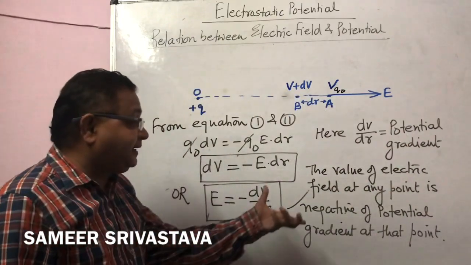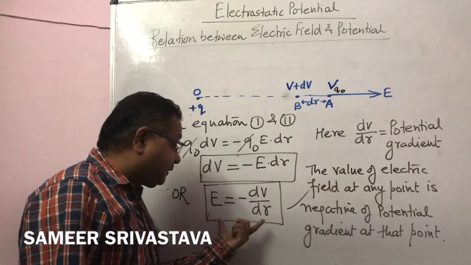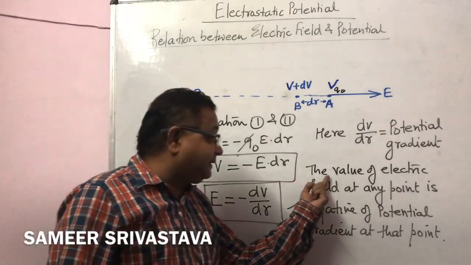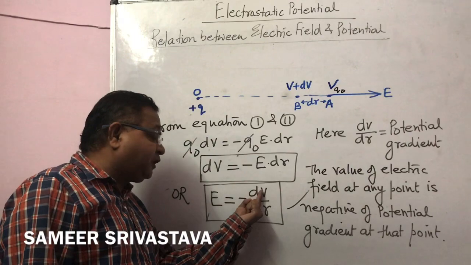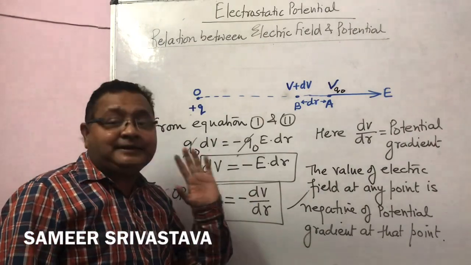Now this is a proper definition of electric field in terms of this formula: the value of electric field at any point is the negative of the potential gradient at that point.